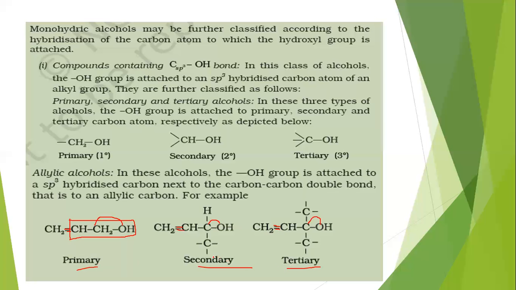So why primary, secondary? Just recall. OH is attached to this carbon which is directly attached to only one carbon. So this is a primary carbon. This carbon is a secondary carbon, because it is bonded with one carbon and this is the second carbon. This is a tertiary carbon.